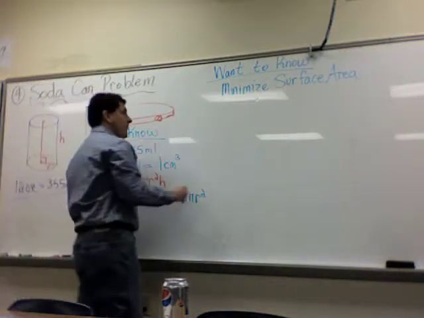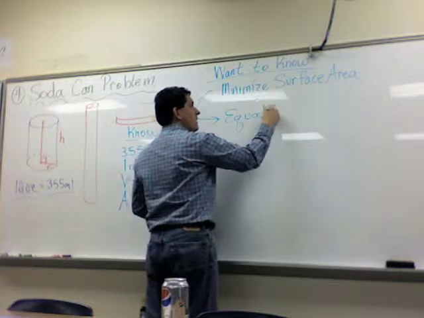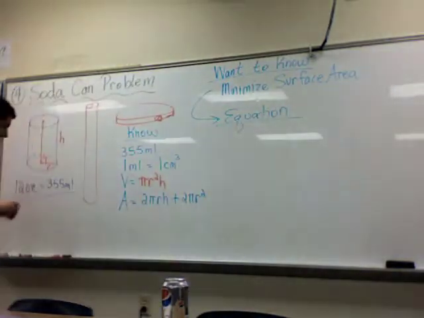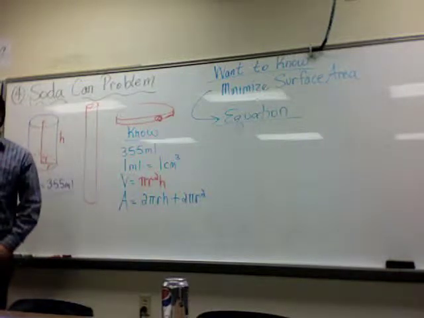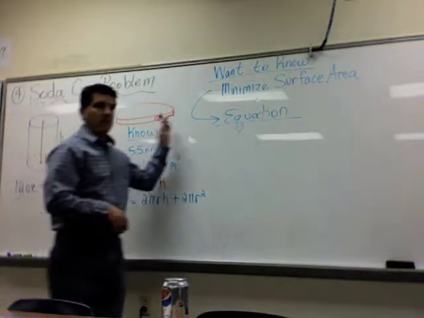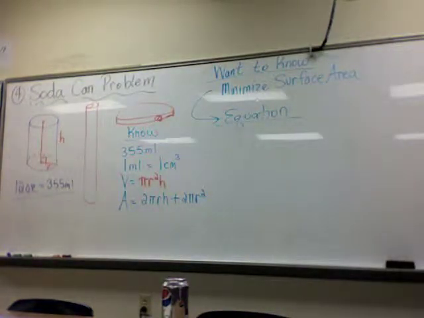Okay? Now, knowing this, we can write the equation that we're actually going to find the minimum of. What is the equation that we're going to find the minimum of? Careful, we're going to use the derivative to find the minimum. What formula up here do we want to find the minimum value of?